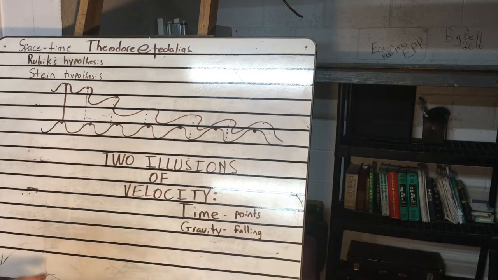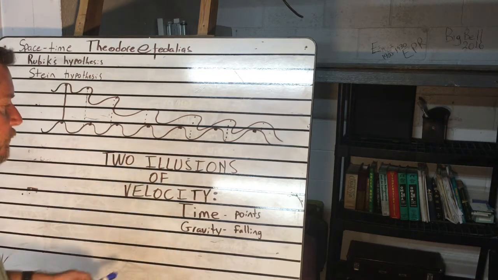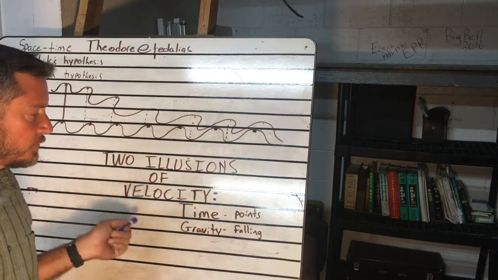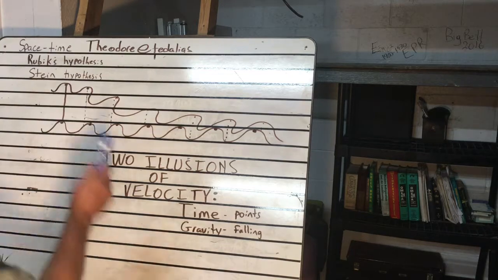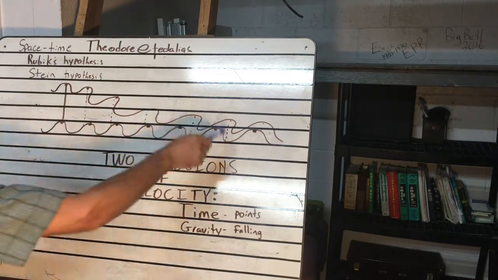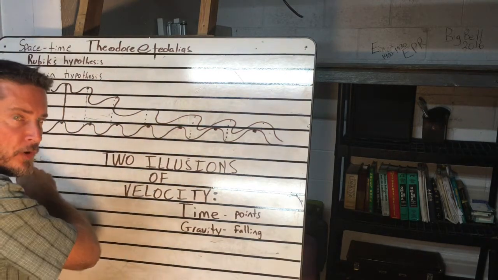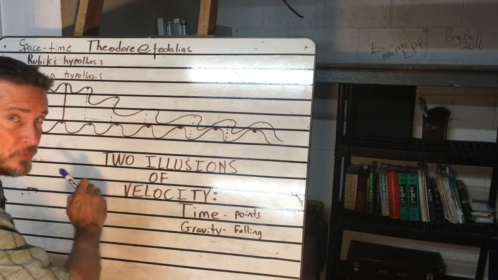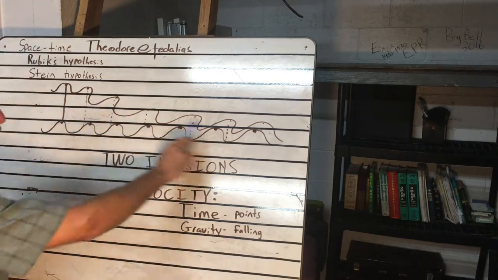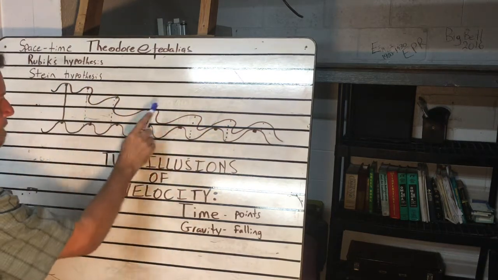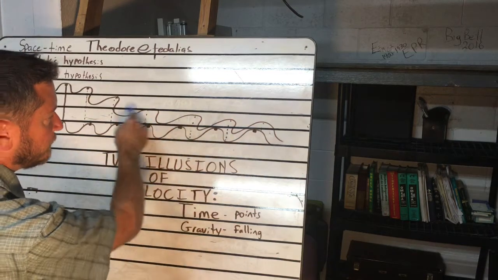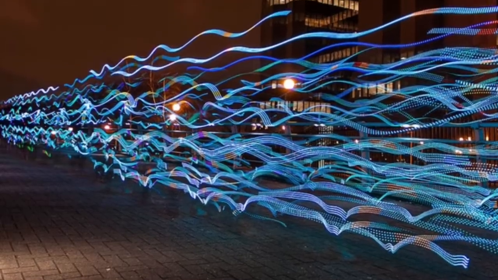Einstein discovered and proved that there are two illusions of velocity. One is time and one is gravity. Time is simply a series of points perceived because of, you guessed it, we're moving. When we move, we cross points. Now, these brown lines are everything we're made out of.